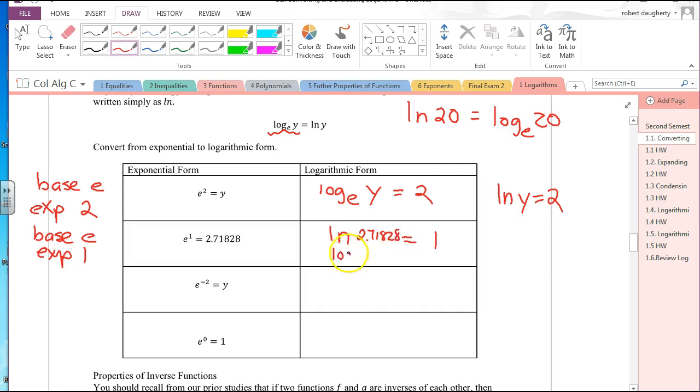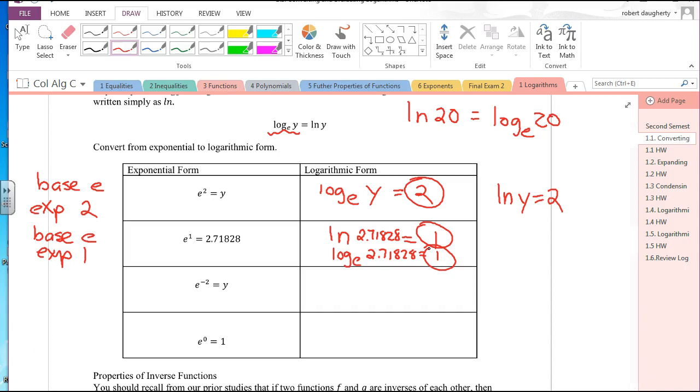So another way of writing this is log base e of 2.71828 equals 1. So we're going back and forth between exponential form and log form. When you write it in log form, your exponent is always on the other side of the equal sign all by itself. And this subscript, this is your base. e to the 1 equals 2.71828.